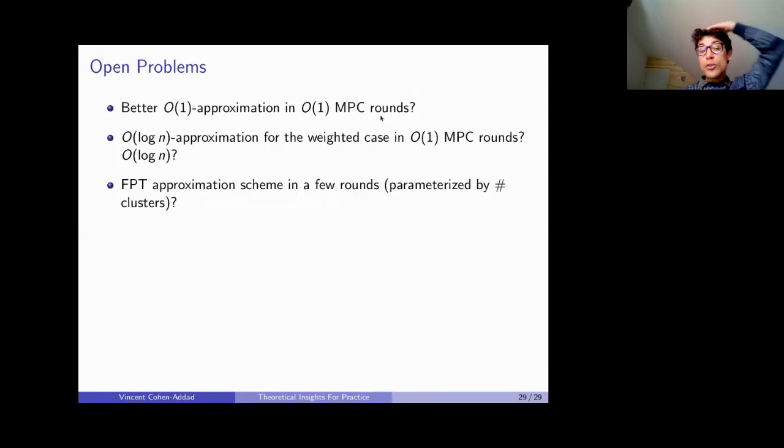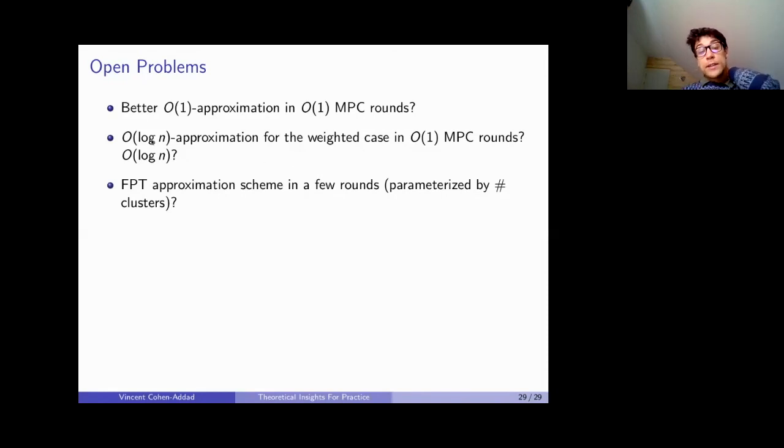And I would like to look at the next step, which is the weighted version, where you have weights on the plus edges and on the minus edges, and now the objective is also weighted. Then there is a log n approximation, a standard offline algorithm, not a sequential algorithm.